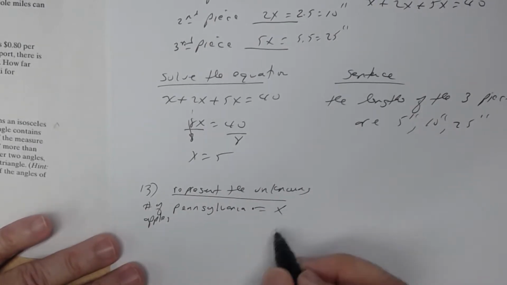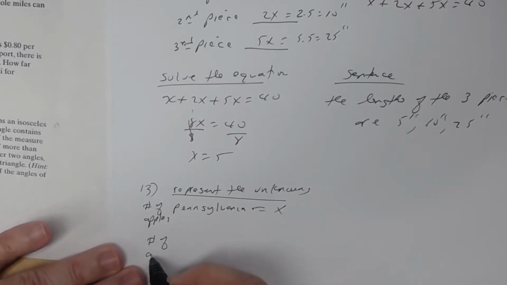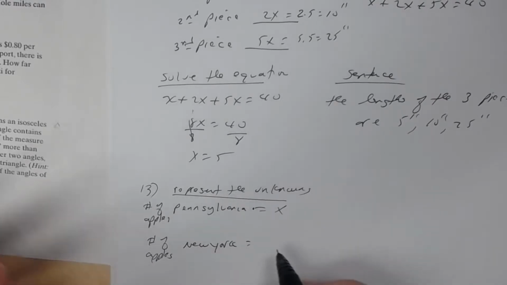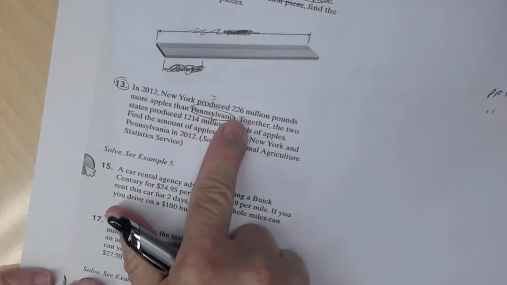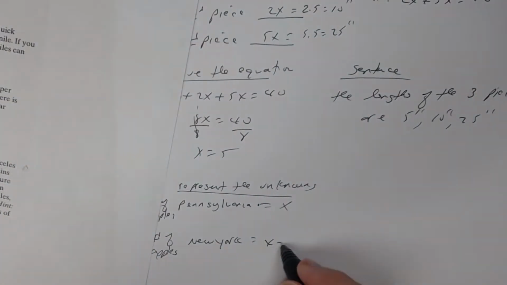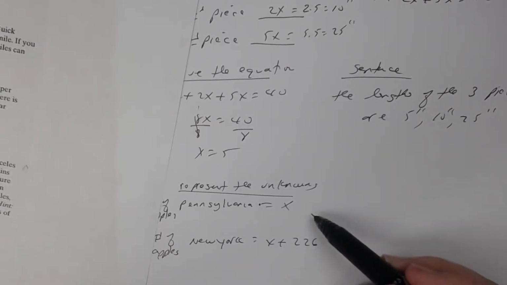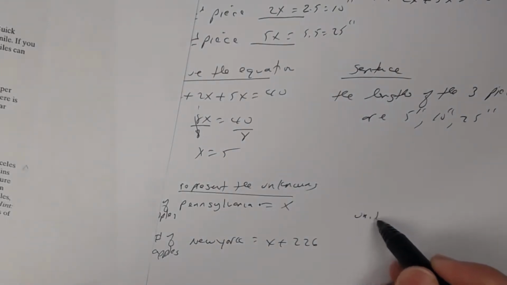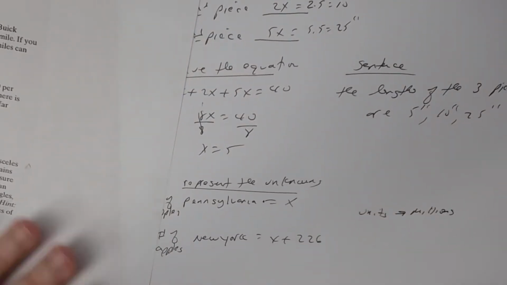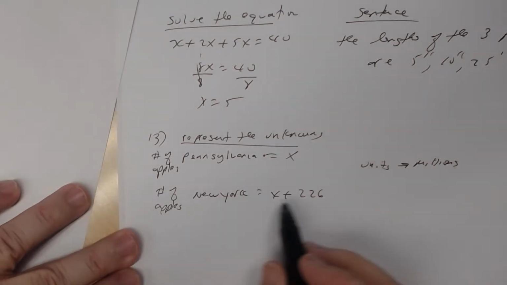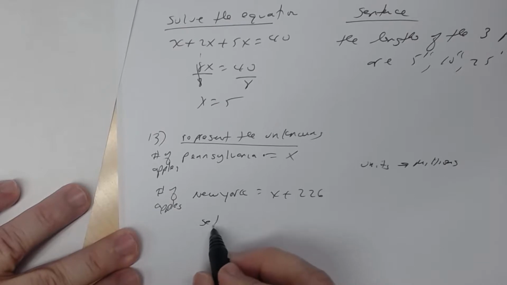Pennsylvania will be x, and then the number of apples for New York, where it says New York produced 226 million more pounds, is x plus 226. Remember that's going to be in millions, so my units are millions here. I'm just going to write it as 226. Now you're told this though: we've represented the unknowns, so we're going to set up the equation.